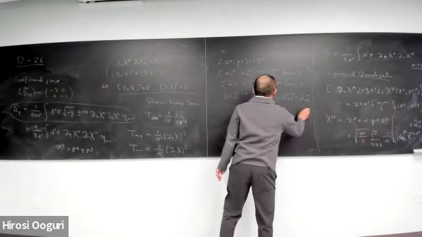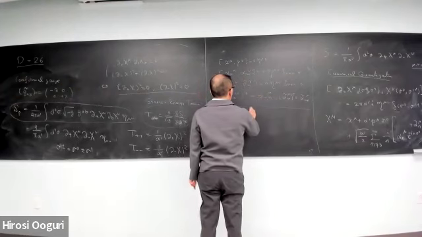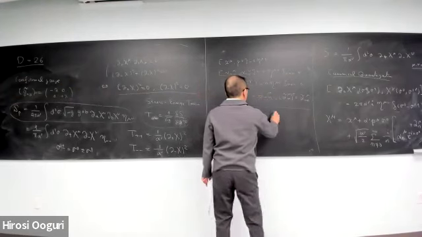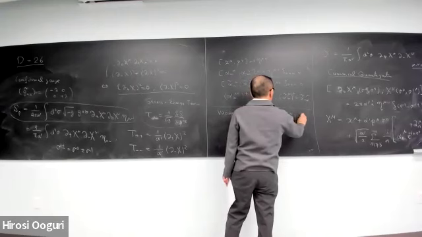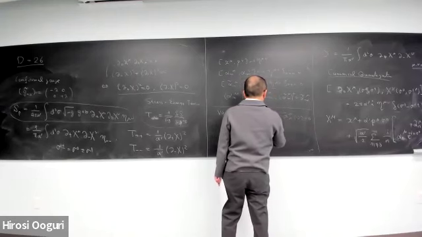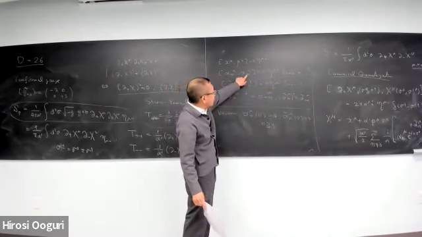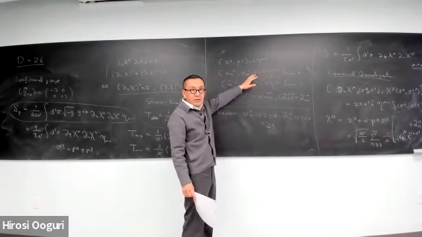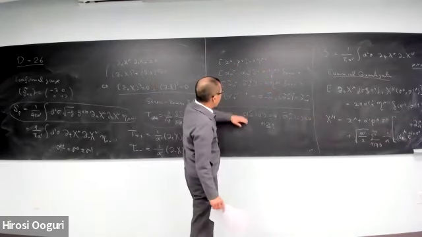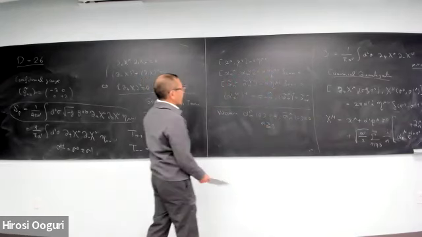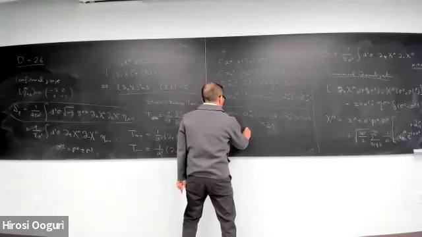So basically what you do is to start with a vacuum, which is annihilated by all the alpha_n with n greater than or equal to 1. Because as you can see, alpha_n and alpha_{-n} make a canonical conjugate pair. So they are harmonic oscillators. And so we can impose a condition that all the alpha_n with positive n annihilate the vacuum. And then we can build the Hilbert space by acting with these oscillators.